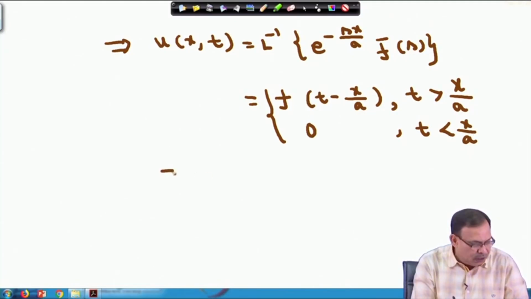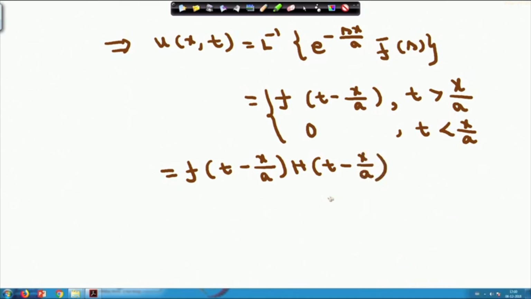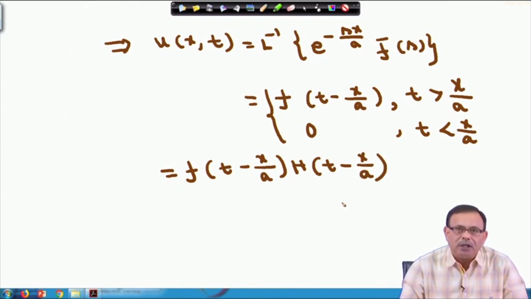And this equals function of t minus x by a into h of t minus x by a. What is h of t minus x by a? It is nothing but the Heaviside unit step function. For t greater than x by a, its value is 1, and for t less than x by a, the value is 0.